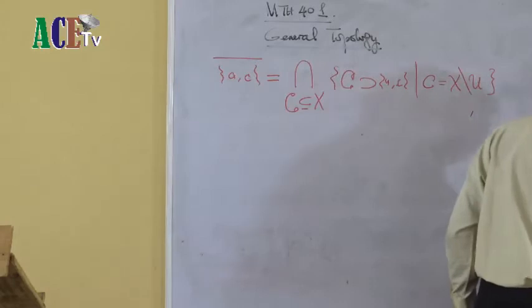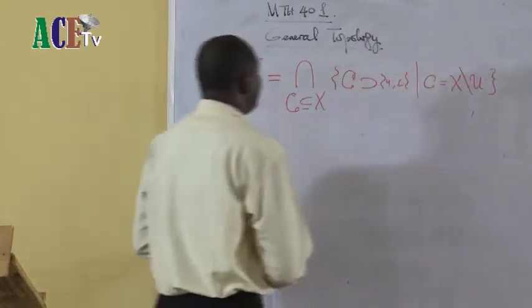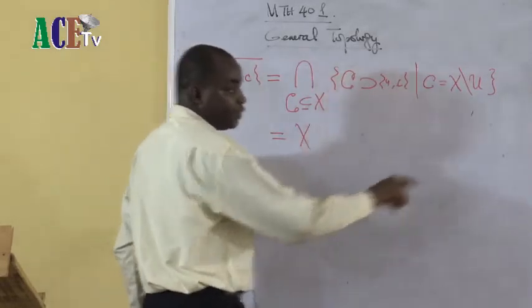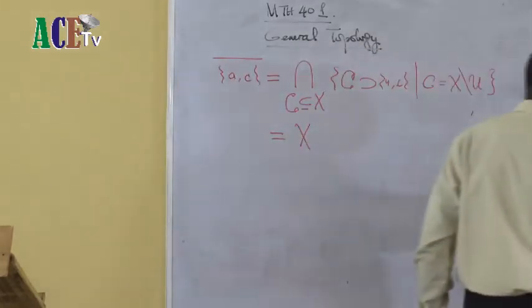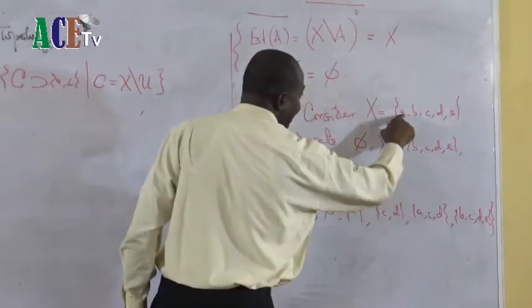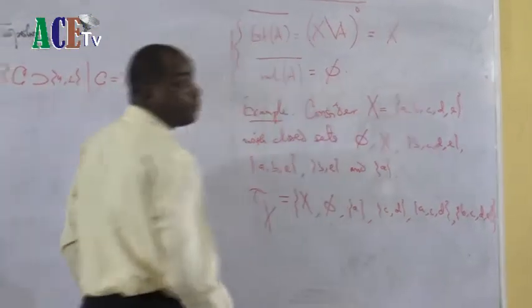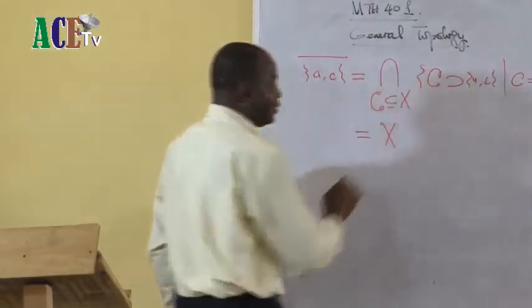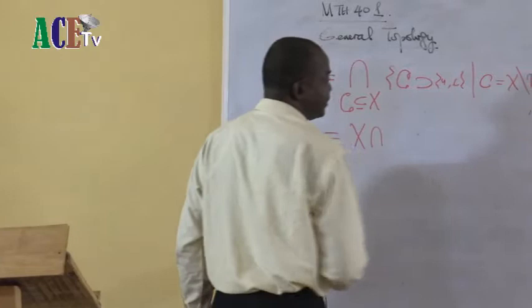Of course, X is one of them. X is a closed set there. Of course, you see X is {A, B, C, D, E}, and it contains {A, C}. So, X is one of the closed sets. We take the intersection.